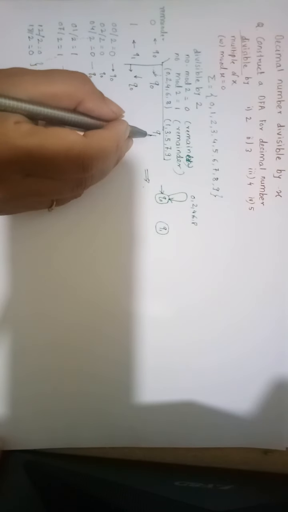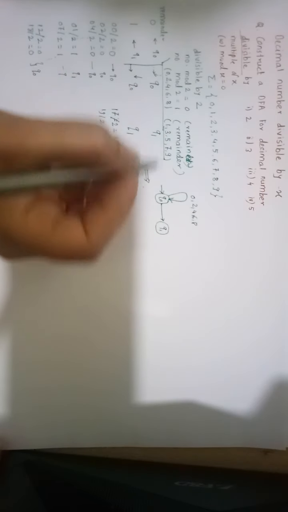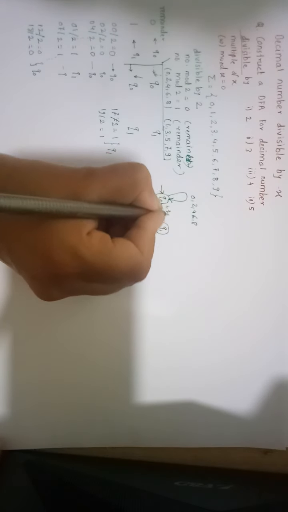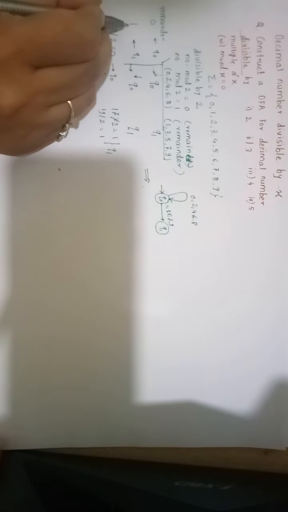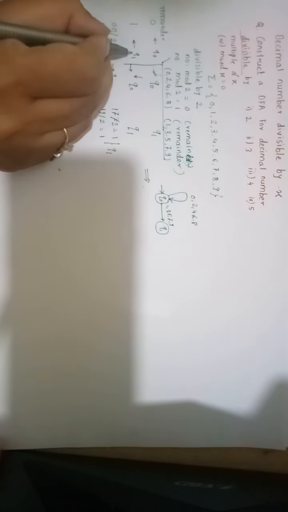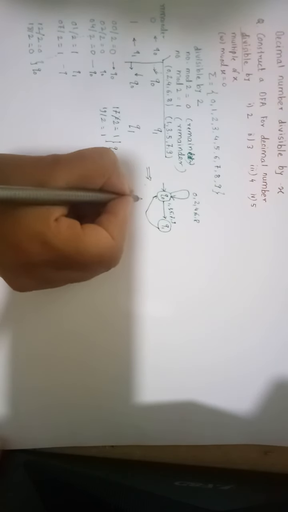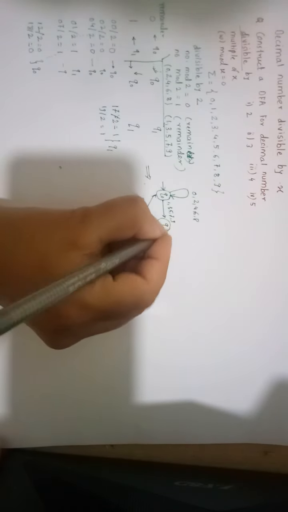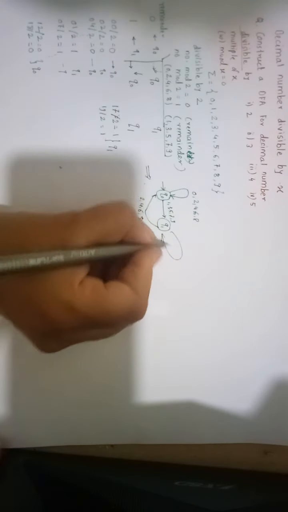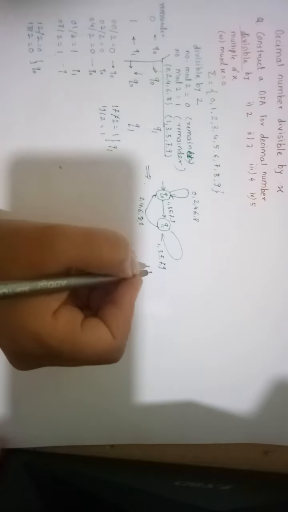Again Q0 to Q1: the symbols are 1, 3, 5, 7, 9. Again Q1 to Q0: the symbols are 2, 4, 6, 8, 0. Again Q1 to Q1: the symbols are 1, 3, 5, 7, 9.